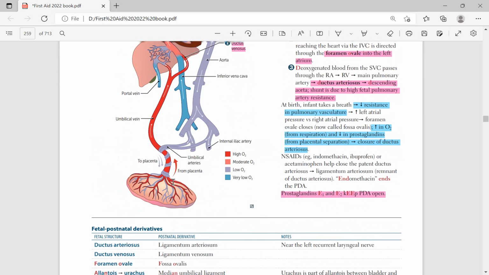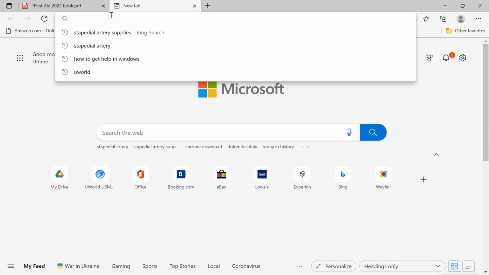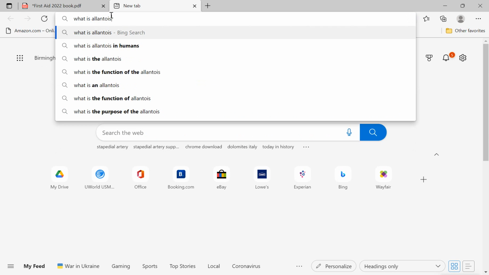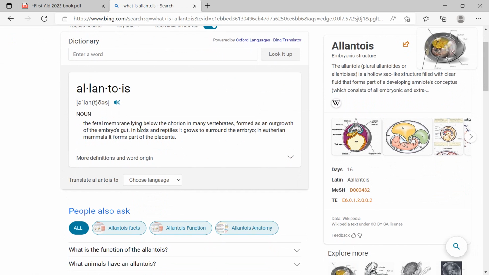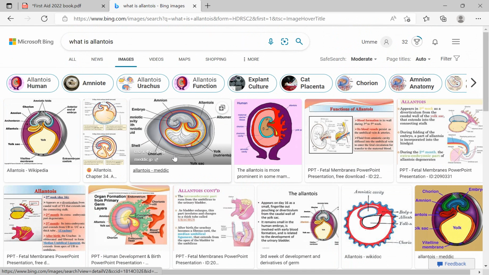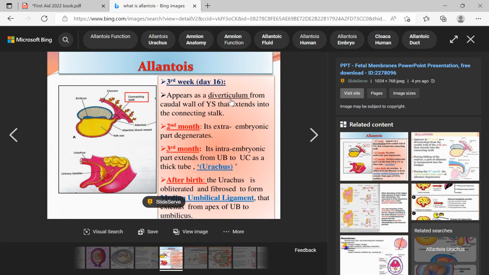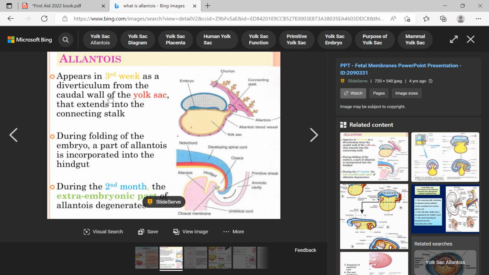The allantois gives rise to the urachus. The placenta and embryo are connected via the connecting stalk, and this is the allantois, from the caudal wall of the yolk sac that extends into the connecting stalk.